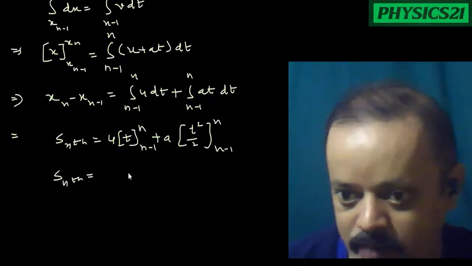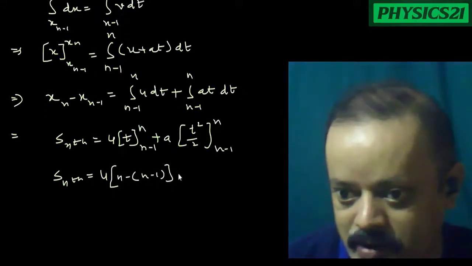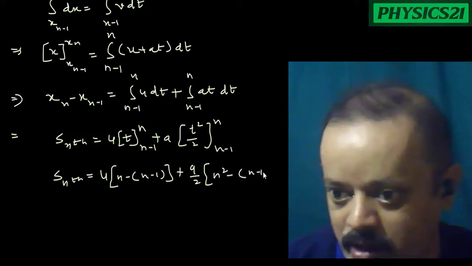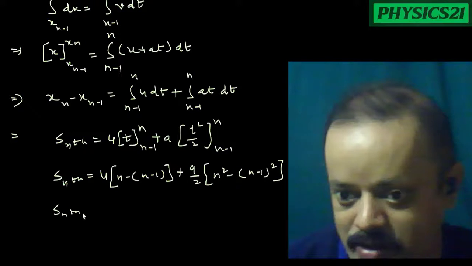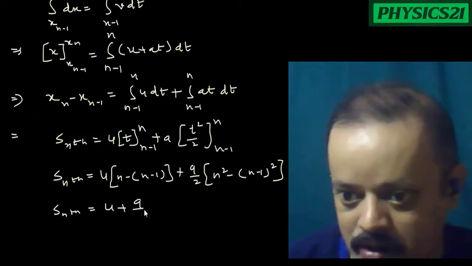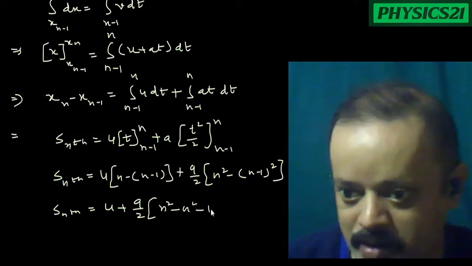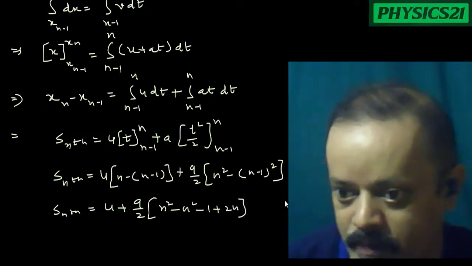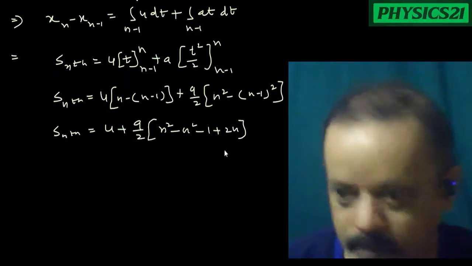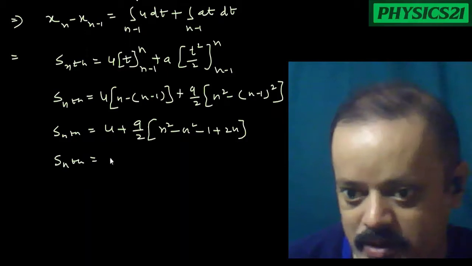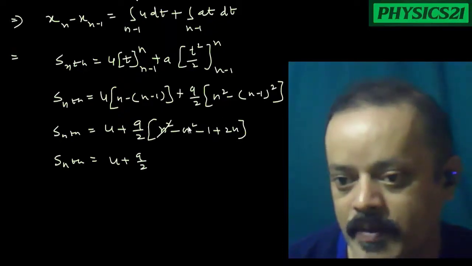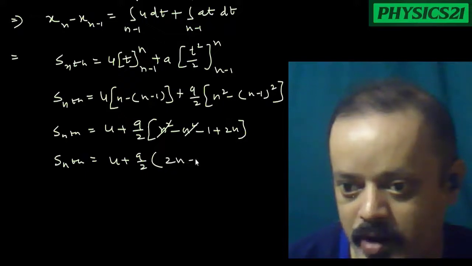Now further simplify. This is u in bracket n minus n minus 1 plus a by 2 in bracket n square minus n minus 1 whole square. s n is equal to u plus a by 2 in bracket n square minus n square minus 1 plus 2n. s n is equal to u plus a by 2 times 2n minus 1.